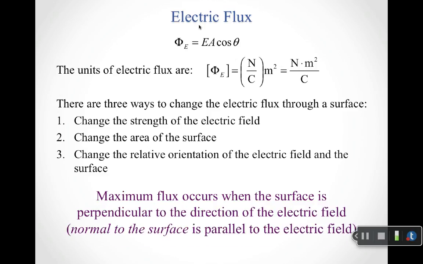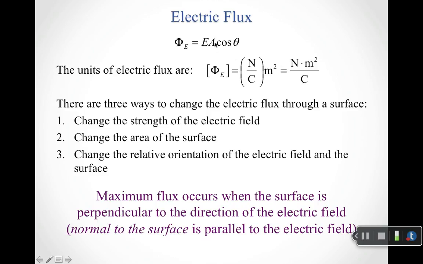So the maximum flux occurs when the surface is perpendicular to the direction of the electric field, so that the normal to the surface, which is the direction the area vector points, is parallel to the electric field. The minimum flux I can get is 0, and that happens when the electric field is perpendicular to the area vector.